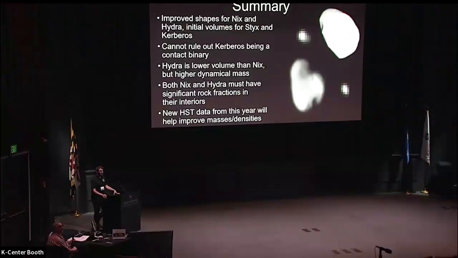Hi, Simon. I'm giving the next talk, so I'm gonna ask a cliffhanger question. You found that Nix has a larger equivalent diameter and is a higher albedo than Hydra. That is fascinating. Yeah, and also the paper I did with Will years ago, the general trend of dust in the system is inwards.